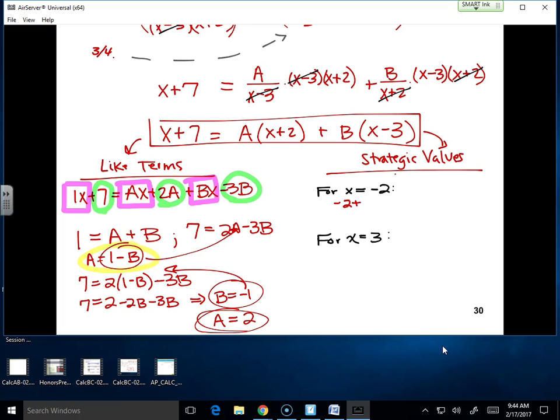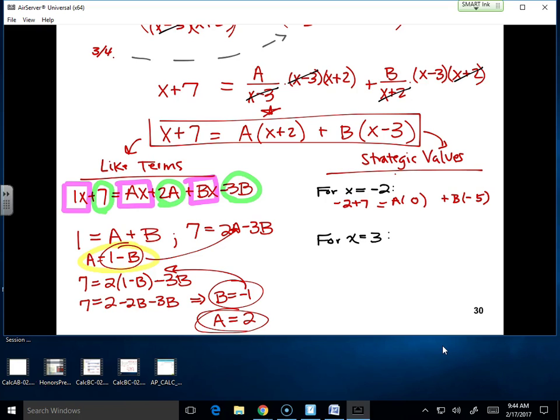Negative 2 plus 7. Where am I plugging it into? My equation, of course. Equals A times negative 2 plus 2 plus B times negative 2 minus 3. Now hold on. Negative 2 plus 2, isn't that just 0? Now what's negative 2 minus 3? Negative 5. Why was negative 2 so nice to plug in?